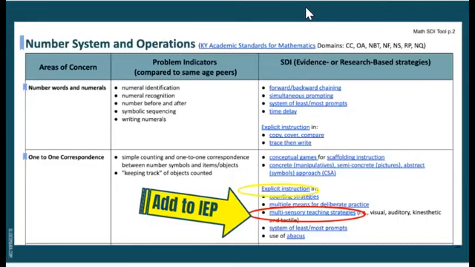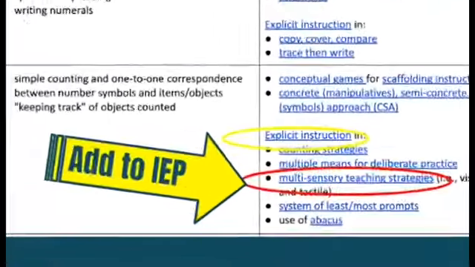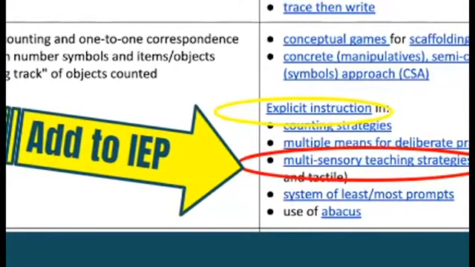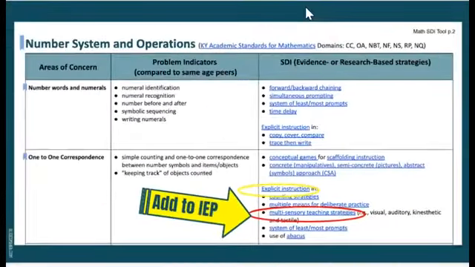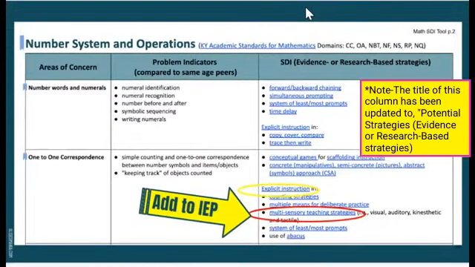You may wish to explore other evidence-based or research-based SDIs, but after determining the most appropriate SDI, your next step would be to add it to the IEP document. Keep in mind that these are evidenced and/or research-based suggestions and not an exhaustive list, as there may be other more appropriate SDI to meet the unique needs of your student.